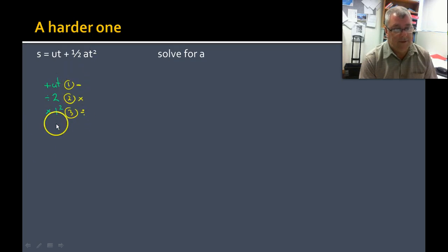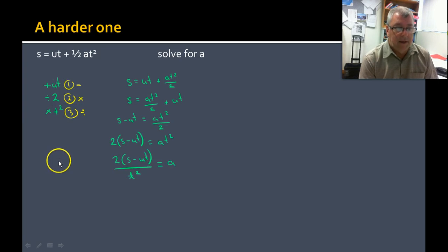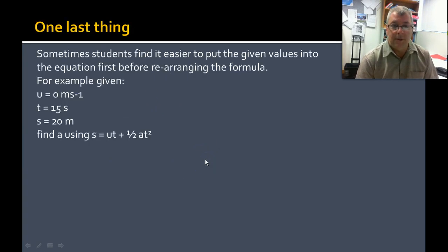So here's a different way of setting it out. And we bolt right through, do all the cancelling out, move things around, and we end up with our equation looking like that. So feel free to pause that and talk your way through it if you want. Now sometimes students find it easier if we put the given values into the equation that they want to use and then rearrange the formula.